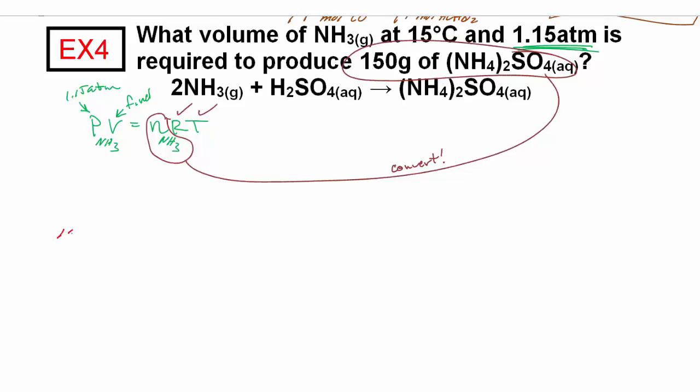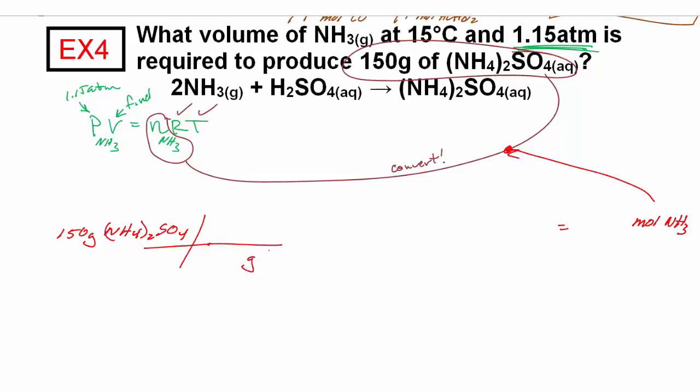So I have 150 grams of ammonium sulfate. And I want to convert that all the way to moles of ammonia so I can plug into my ideal gas law here. So I got to get it into moles first so I can use my mole bridge.